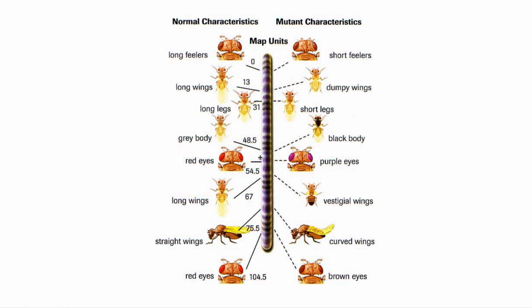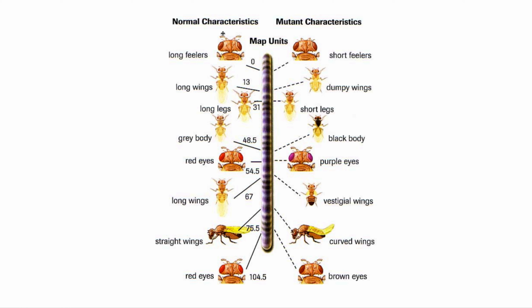But what you can do is link them all together. You can compare them to other genes that both of them are linked to. Like, look at the long legs, short legs. You're going to have about 23.5% between long legs and red eyes. And of course, you have 31% between long legs and long feelers. So that would mean that those two are connected to each other.